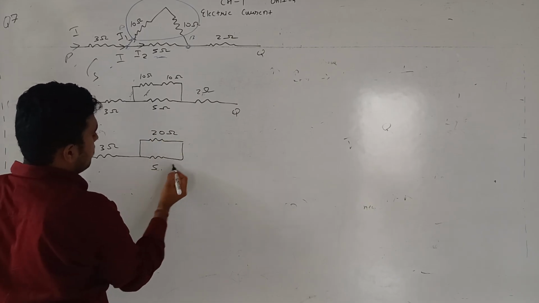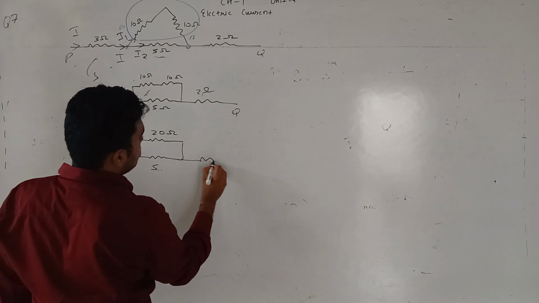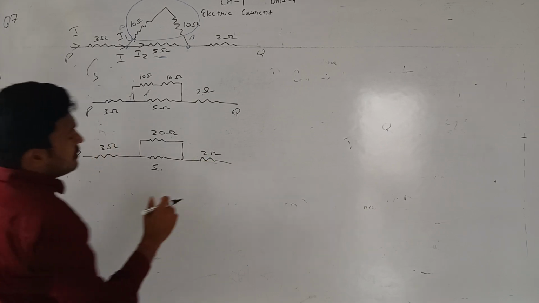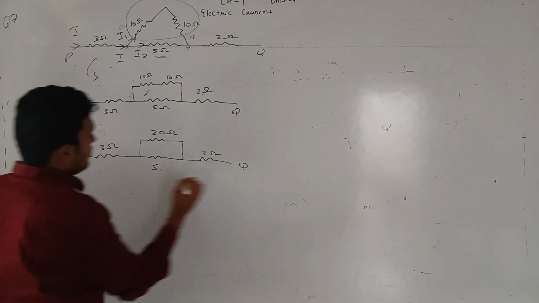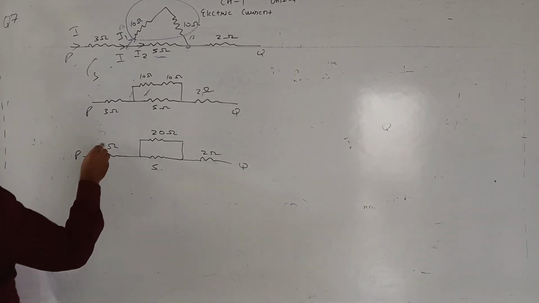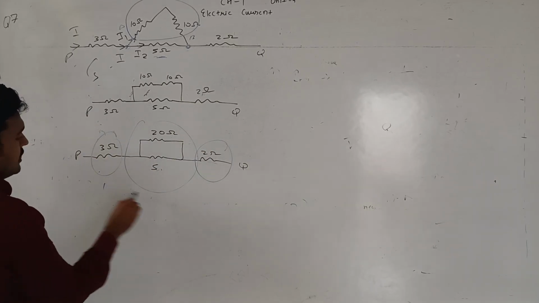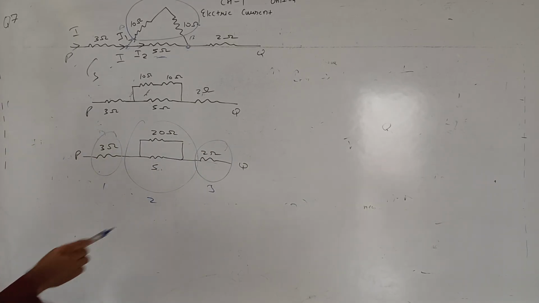So 20 ohm in parallel with the 5 ohm, and then again there is 2 ohm. Now we have these three, 1, 2 and 3, in series.